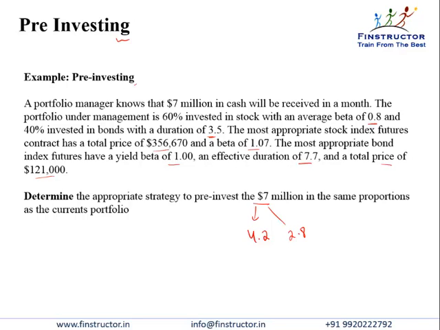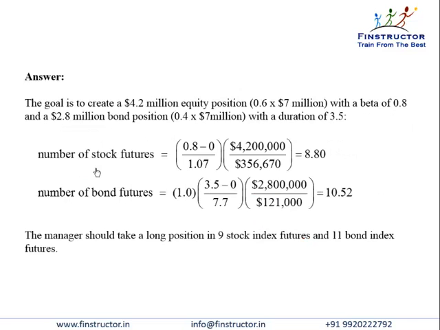So we will first compute the stock position, that is the target beta minus the current beta, because it's cash that's going to come, divided by the beta of the futures contract, that is 1.07, into the value of the equity position as 4.2 million divided by the value of one futures contract. So we need to long approximately 8.8 contracts.